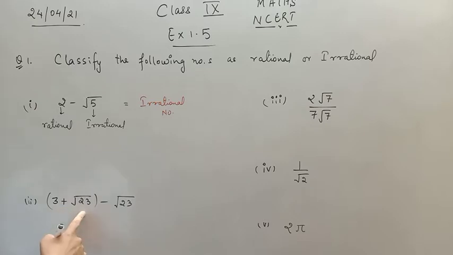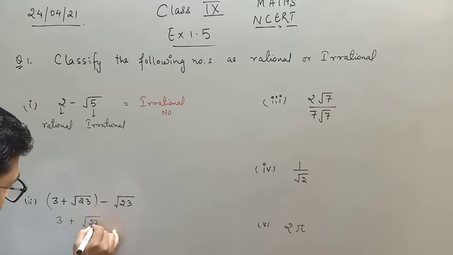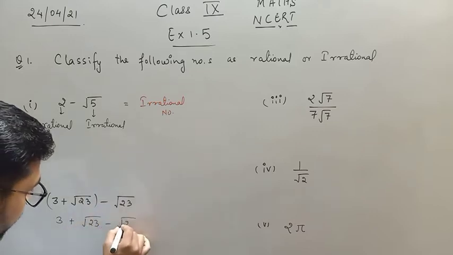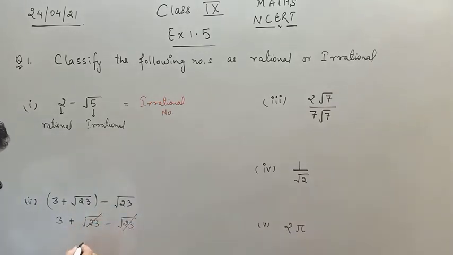3 plus root 23 minus root 23. Okay, so 3 plus under root 23 minus under root 23, cancel out these two terms. The result that you got is 3, and 3 is a rational number because it can be represented in p by q form. So 3 is a rational number.